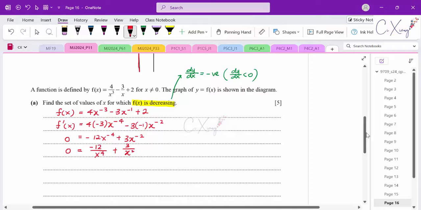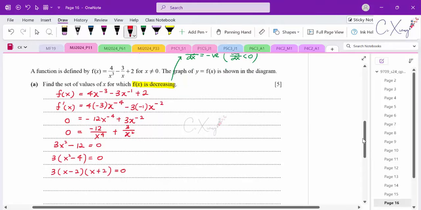So what do I have from here? If I simplify, I will have 3x squared minus 12 equals 0. Then I can factorize out 3. Continuing further, I get a further factorization, (x minus 2)(x plus 2) equals 0.